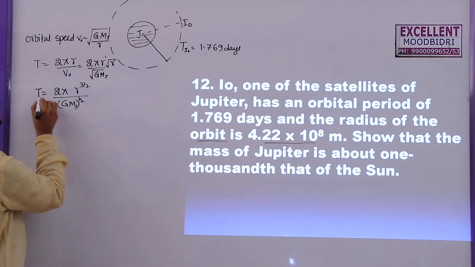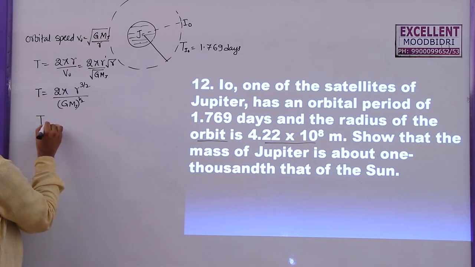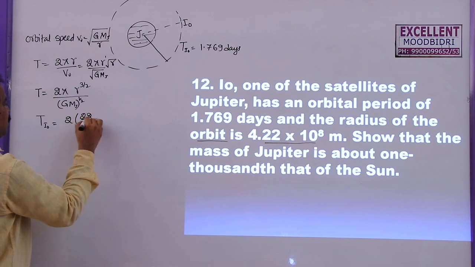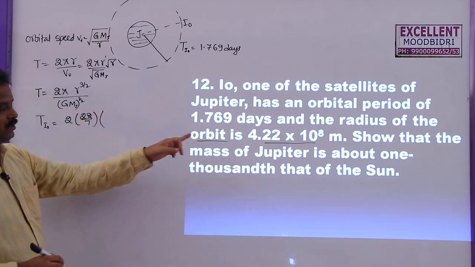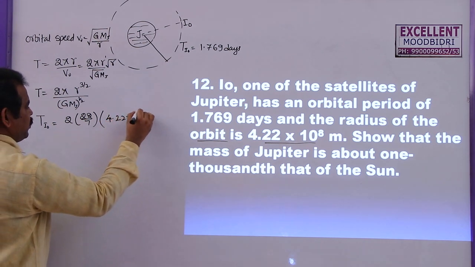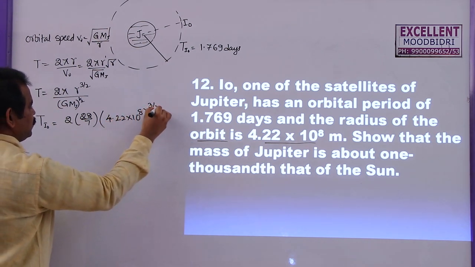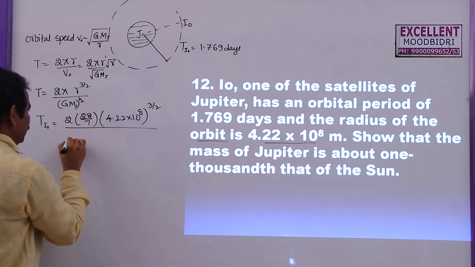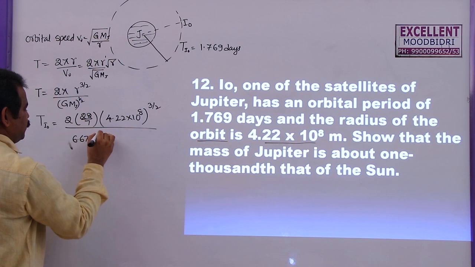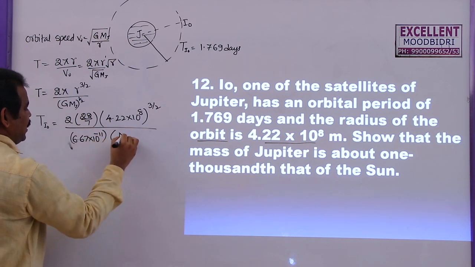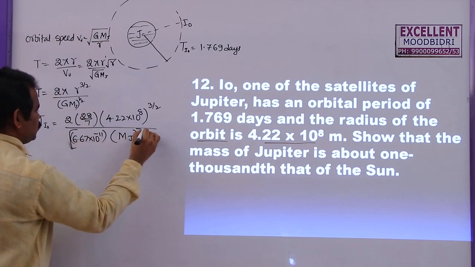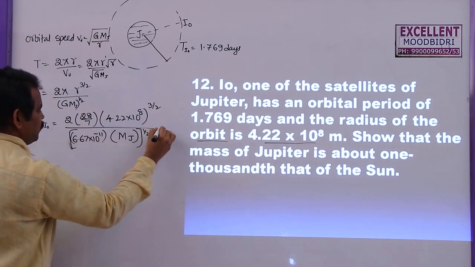So now let me substitute these values. Time period for Io is given by 2π, where π is 22 by 7, times radius of this orbit, 4.22 × 10^8 meters, whole power 3/2, by G is equal to 6.67 × 10^-11 and the mass of Jupiter, which we don't know, multiplication of these two whole power 1/2.